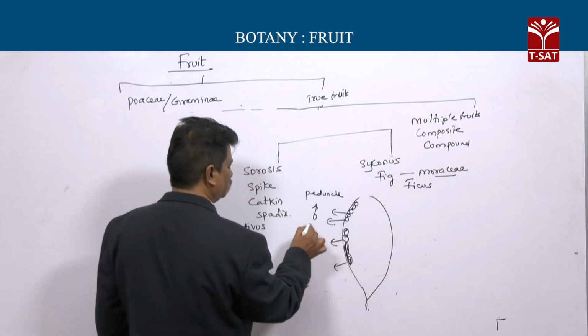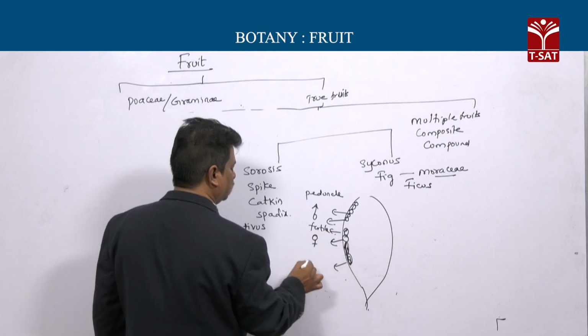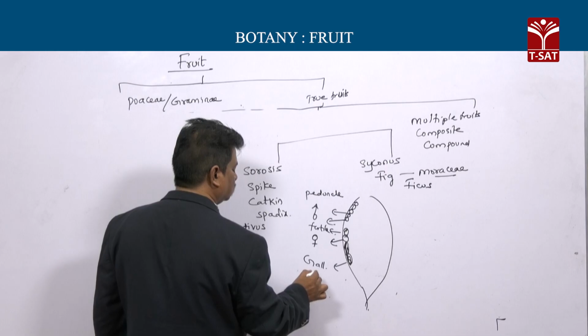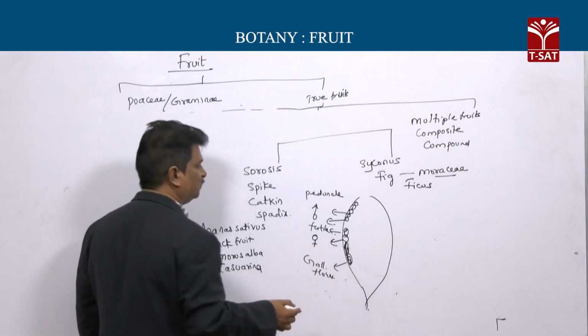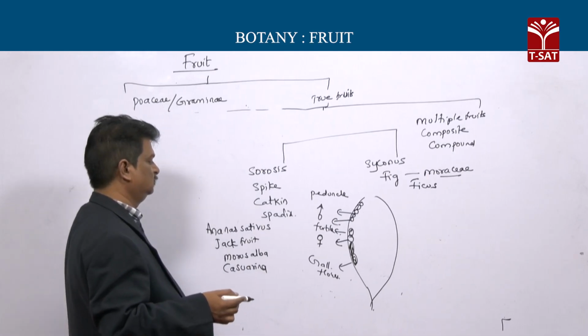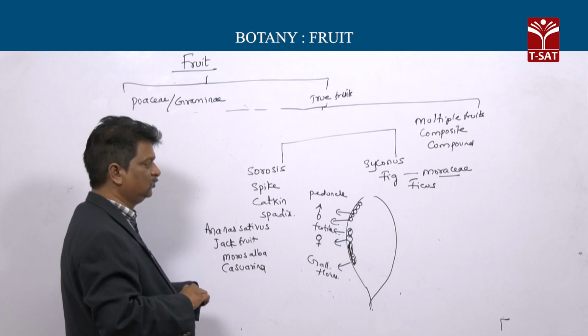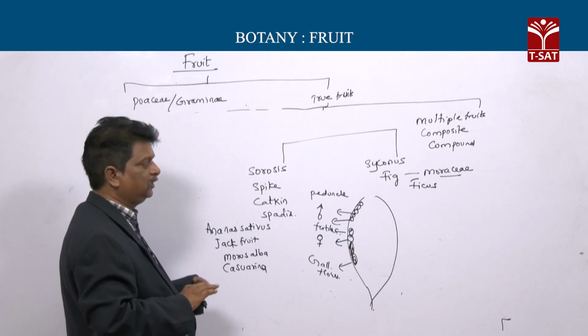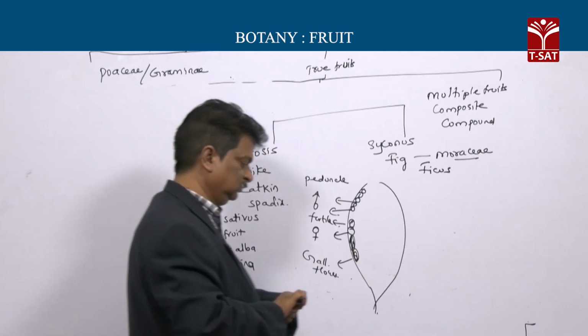Female flowers are of two types, fertile and sterile. Sterile flowers are called gall flowers, and after fertilization, the fertile female flowers are converted into fruits called achenes.